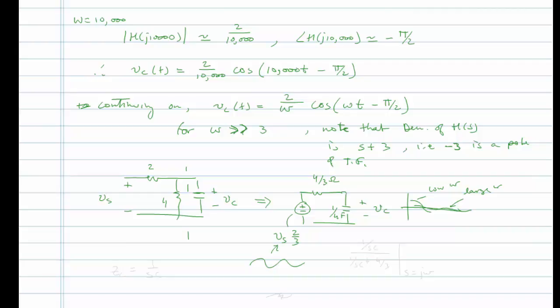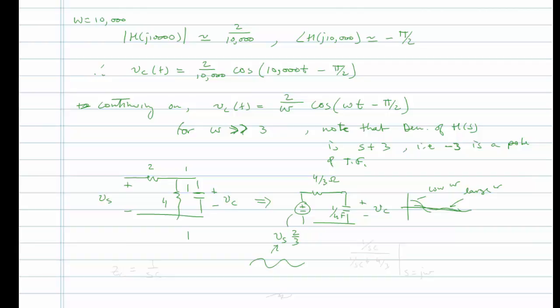And if you think about it, we talk about a capacitor being open for DC. And so the lower the frequency that you excite this at, the closer you're approaching a DC voltage. And so the capacitor acts like an open circuit, and this voltage divider, the impedance of the capacitor divided over the impedance of the cap plus the 4/3 resistance, tends to be a ratio of 1.